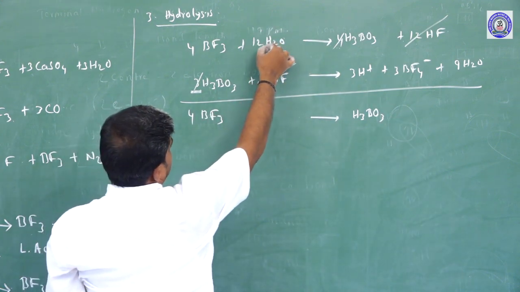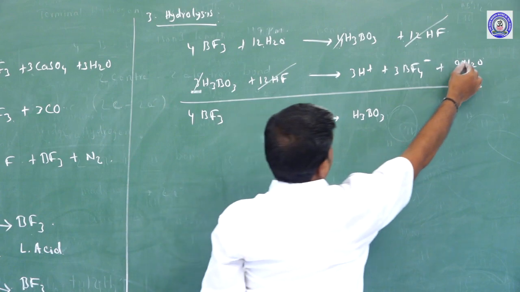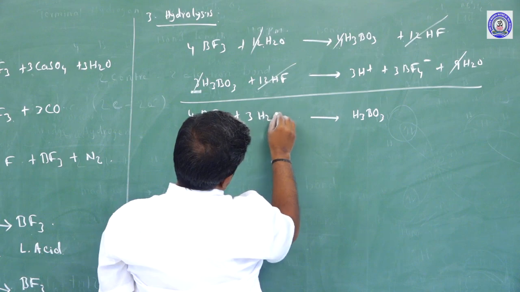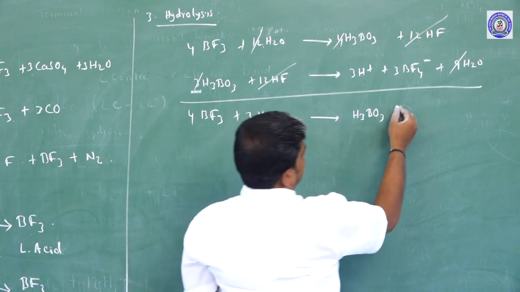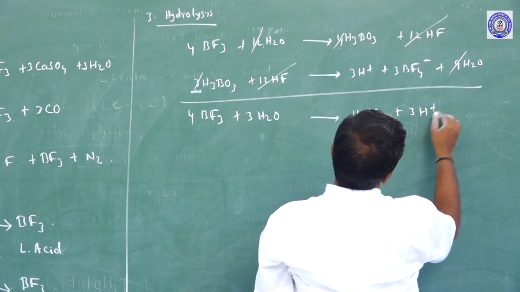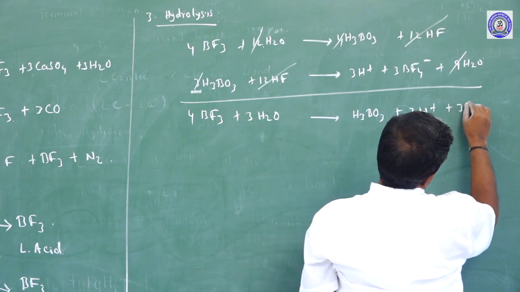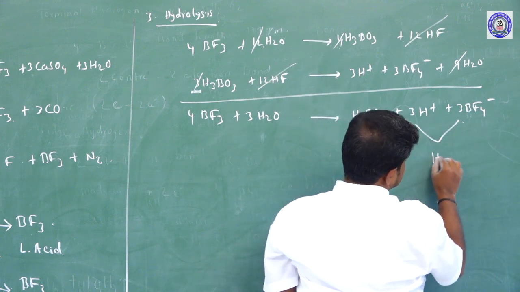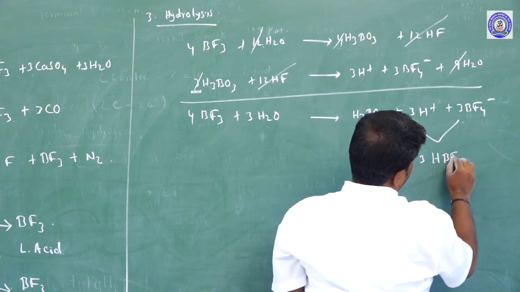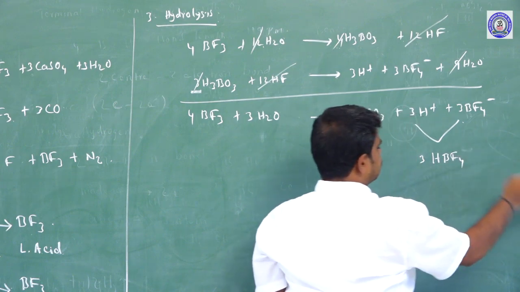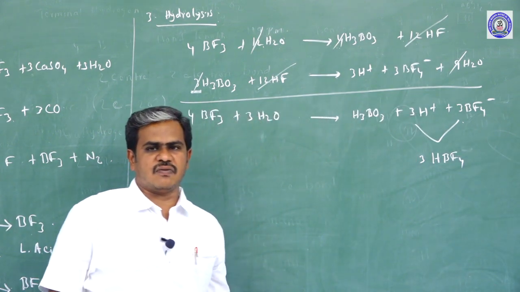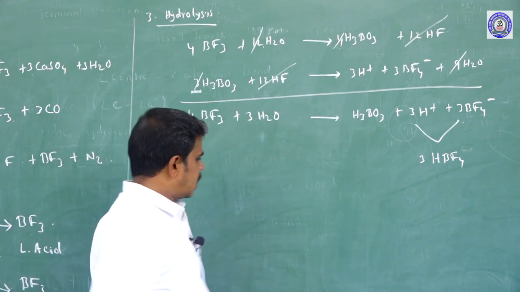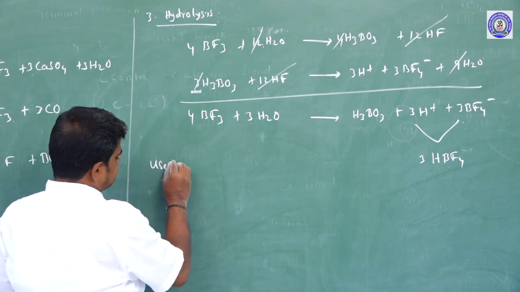Then 12 molecules of water and 9 molecules of water, so we cancel out and 3 molecules of water remain. Then there are 3 H+ and 3 BF4-, and these two combine to give 3 HBF4. HBF4 is fluoroboric acid.